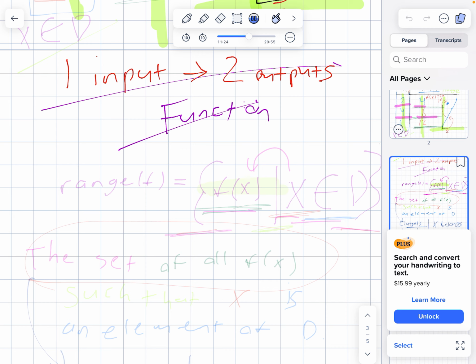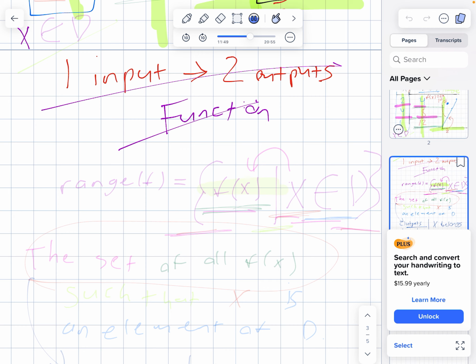Now, I'll throw one more set of words at you. We know that all of the elements that belong to D, which we said was our domain, are here. These elements belong to D. Can you think of a way we can write that using our previous notation that we just learned about?